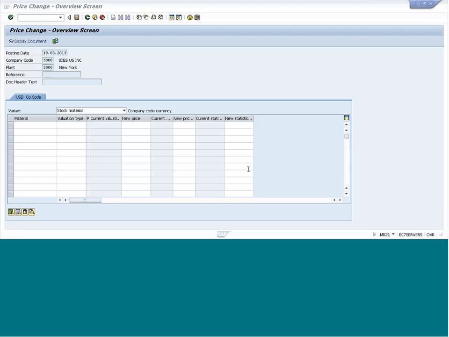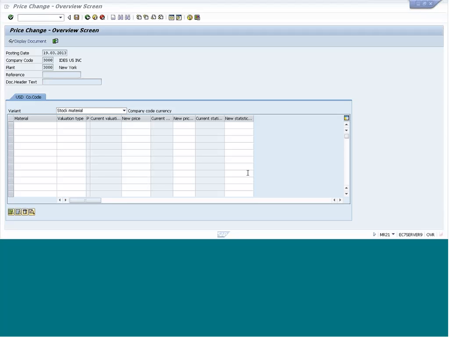Remember, the valuation price is based on the price control. If it is V, it is the moving average price. If it is S, it is the standard price. So the opposite of that: if you are using V, then the standard price is statistical.